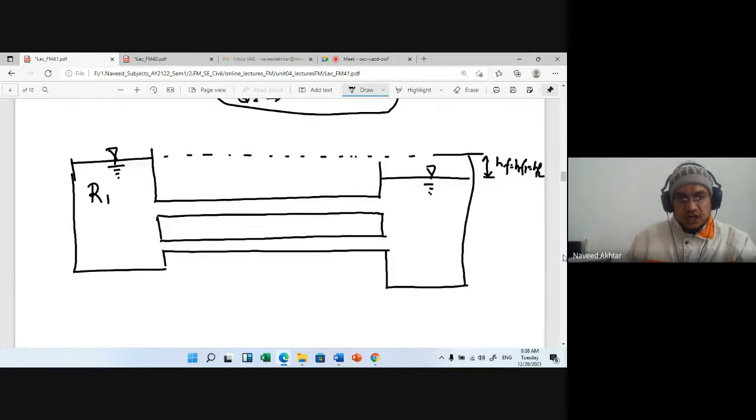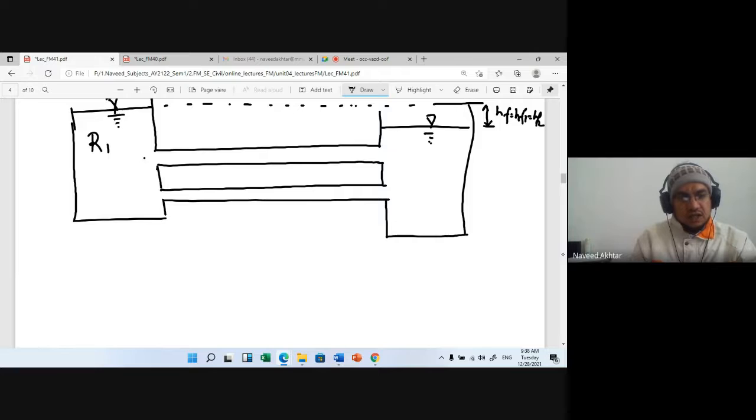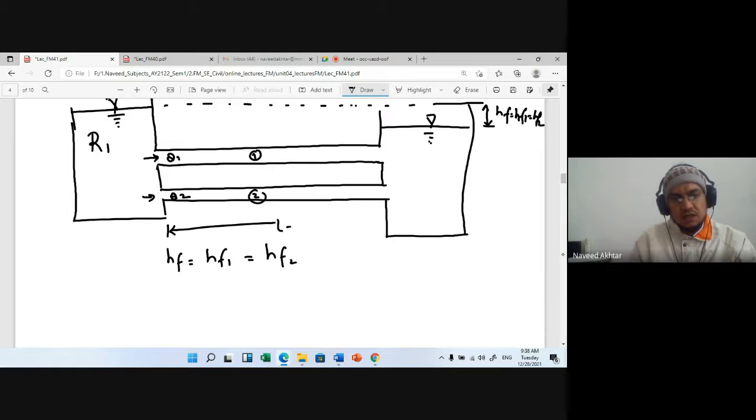Here the discharge in pipe 1 and pipe 2 may be Q1 or Q2. So here HF is equal to HF1 is equal to HF2, because the friction factor is different, and the length may be the same or different.